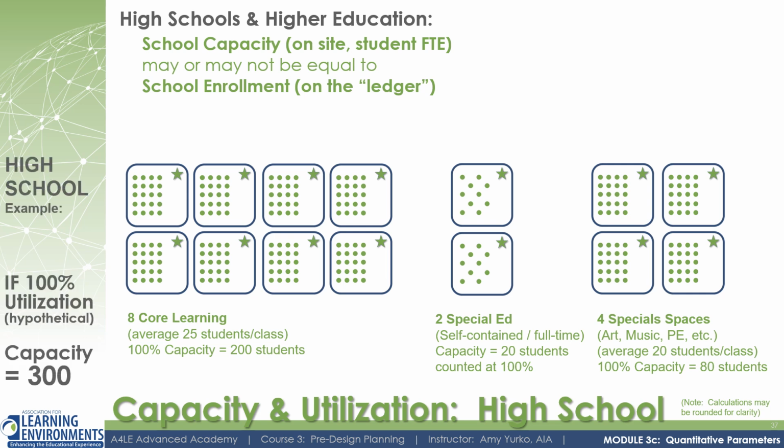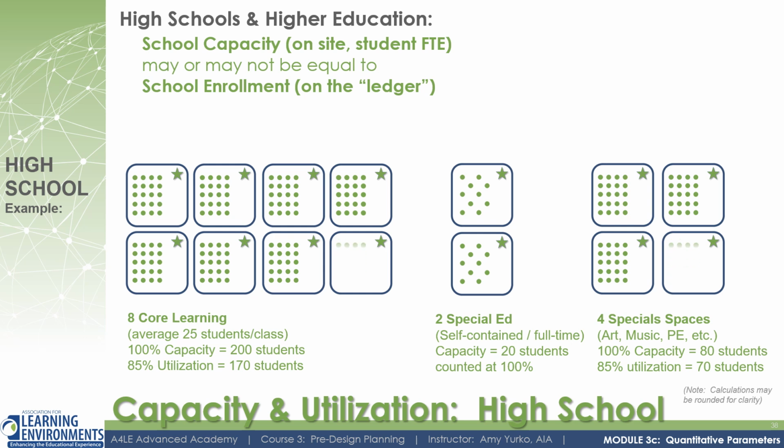But if we looked at 100% utilization, which again is hypothetical, our capacity for these 12, 13, 14 learning environments is 300 students. So 100% capacity, again, is hypothetical. It's very rare, maybe even impossible, that one can schedule every single room, every single period.